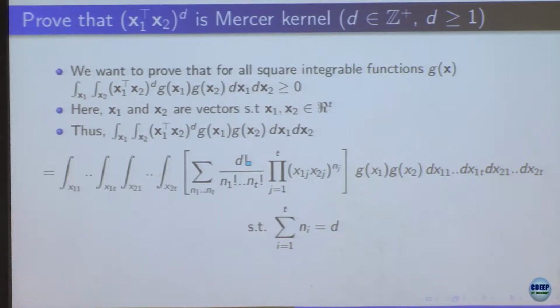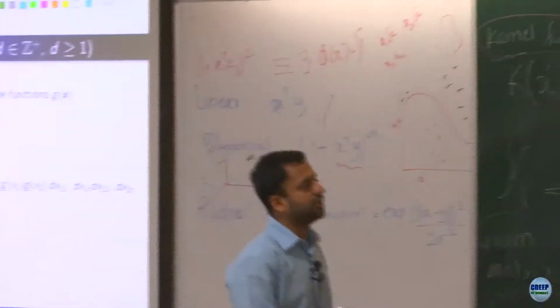So here is what we will do. I just need 5 more minutes. I want to show that x1 transpose x2 is a Mercer kernel. I listed some kernels there, but instead of the polynomial, I am going to deal with a simpler kernel, which is just x transpose y raised to d, not 1 plus x transpose y.